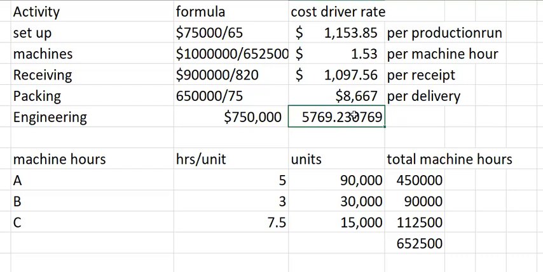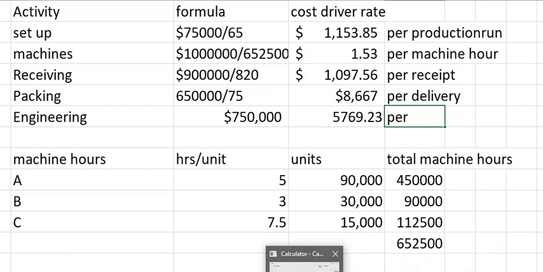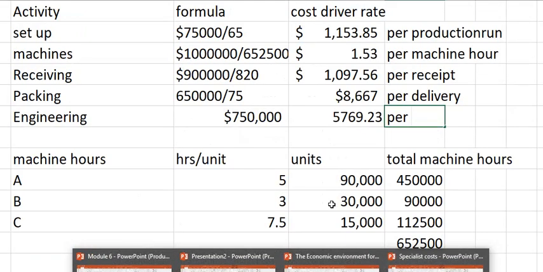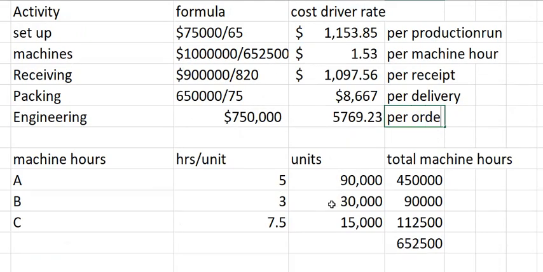Okay, so that's the answer. The order entity. So it's the production order or the order.